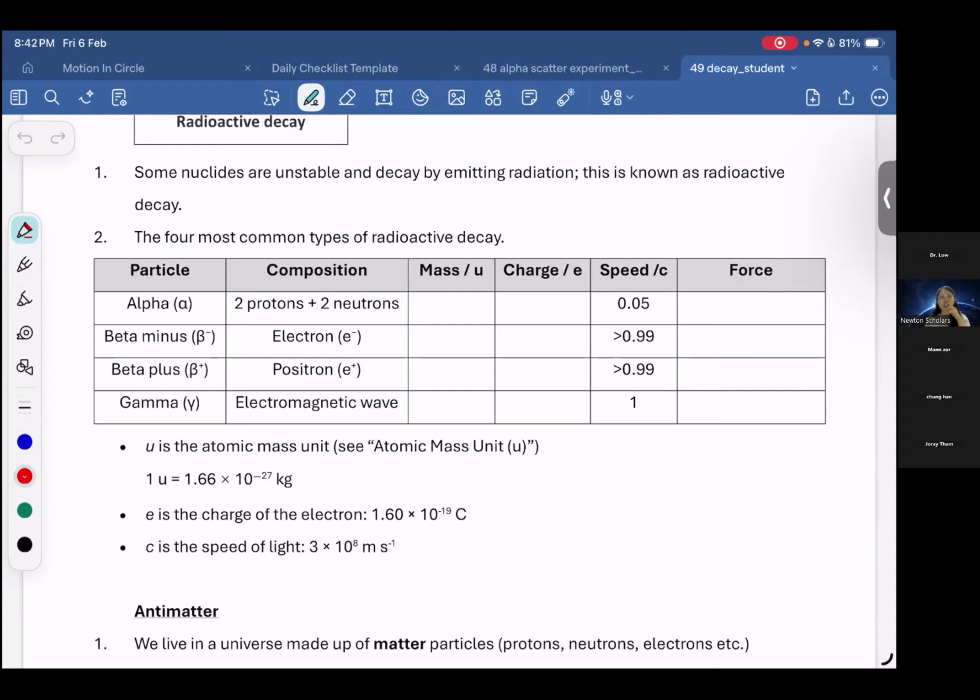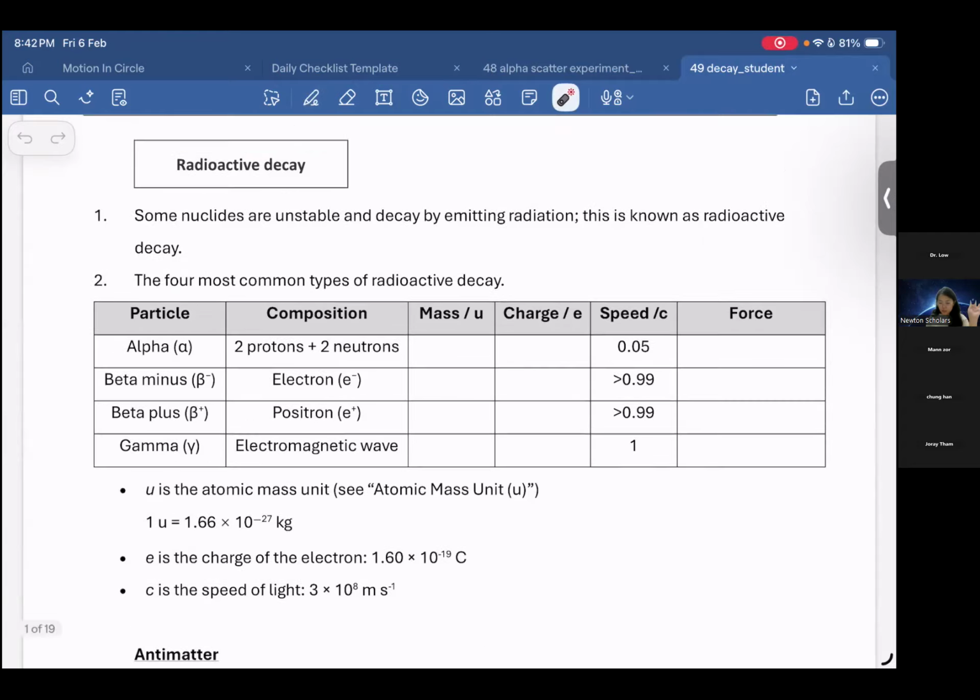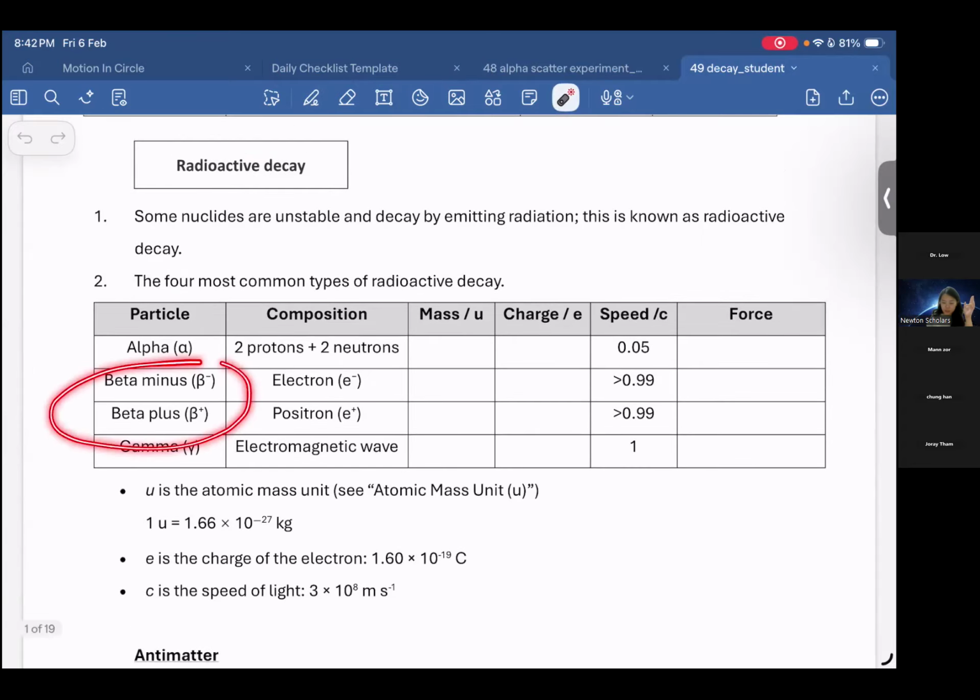But in very old papers, 2013 and older, they did ask about this, but not much. The main keyword they want to test is something new here: beta. In year 11 we learned about beta decay, but we didn't know that beta has minus and plus. The beta we learned in year 11 is beta minus.